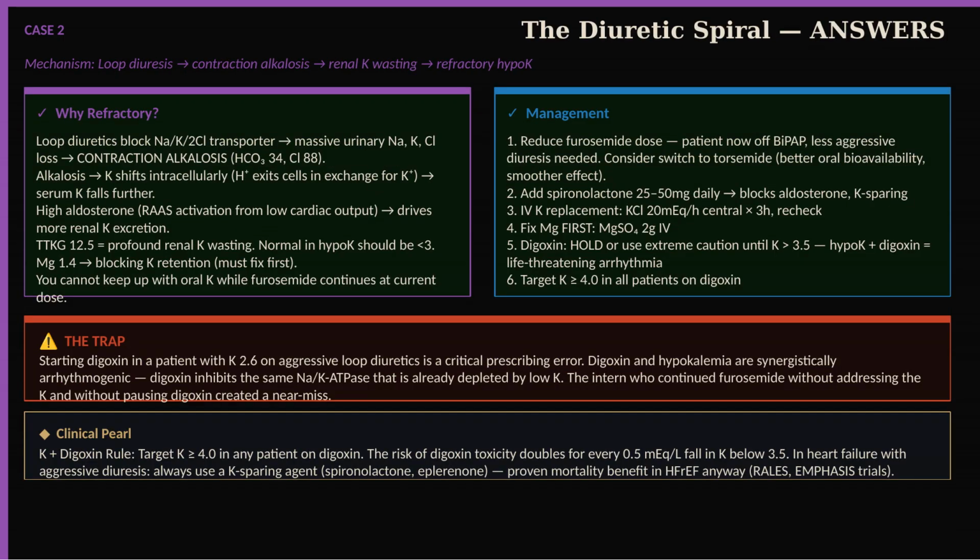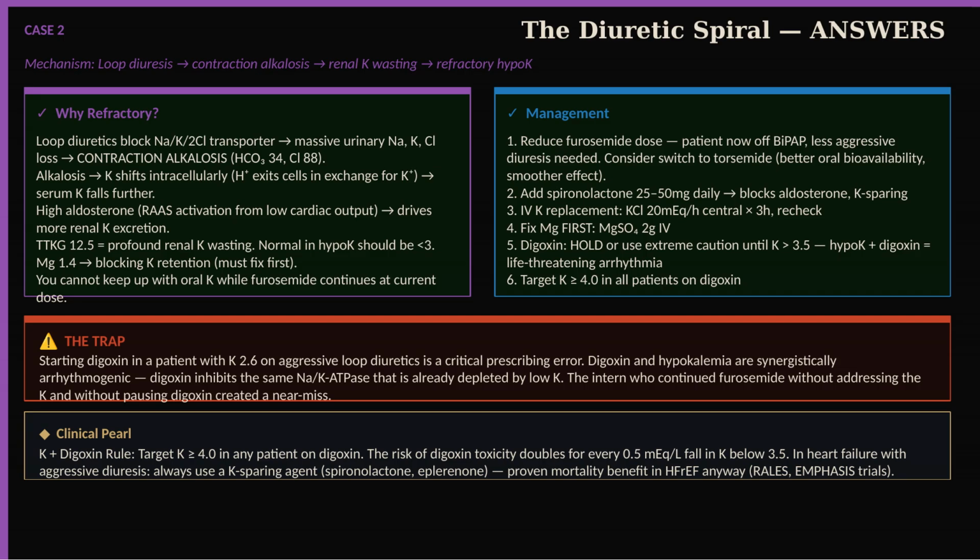Here's why you can't catch this potassium. Loop diuretics block the sodium-potassium-2-chloride transporter, dumping sodium, potassium, and chloride into the urine. And that drives a contraction alkalosis, which you can read right off her labs: bicarbonate 34, chloride 88. Now the alkalosis itself worsens the potassium, because as the blood turns alkalotic, potassium shifts into cells in exchange for hydrogen ions leaving.